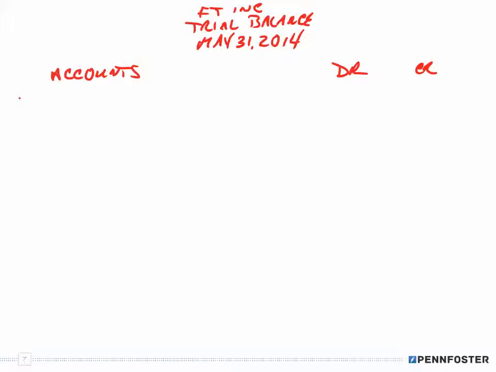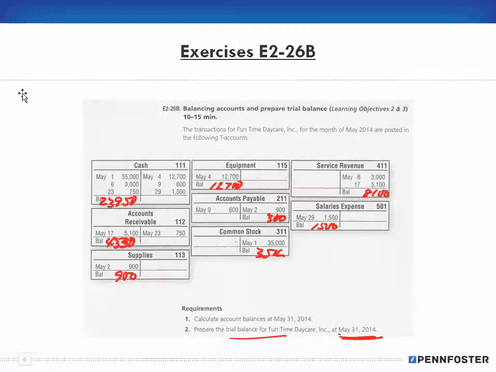I have to go back up and look at my accounts and list them in the order: assets, liabilities, equity, and expenses. I'm listing them by the account numbers, so I just follow the account numbers and write them on the paper.